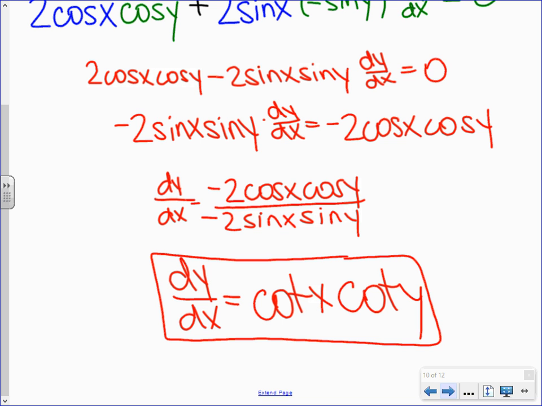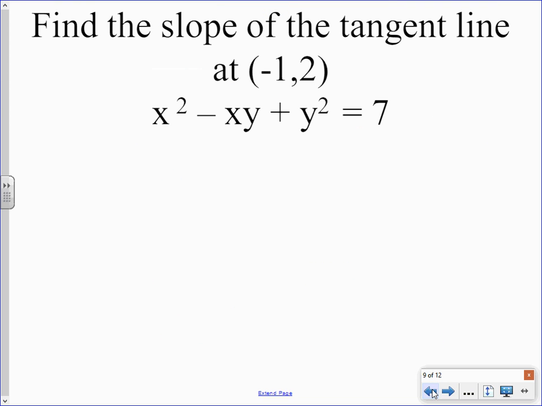All right, last example. I want to find the slope at negative 1, 2. When you see slope of the tangent line, or even just slope at a point, what word should pop up in your mind?